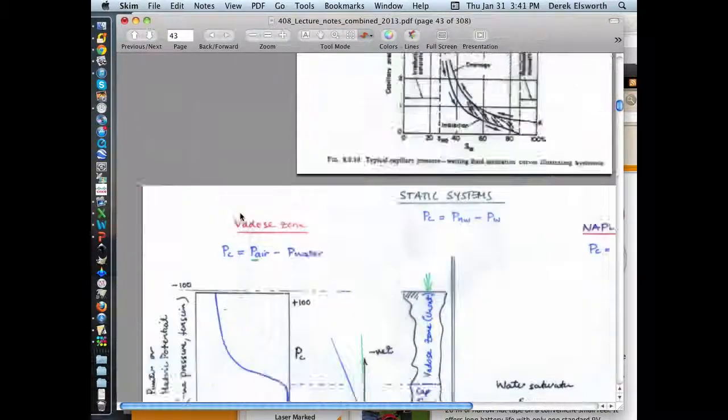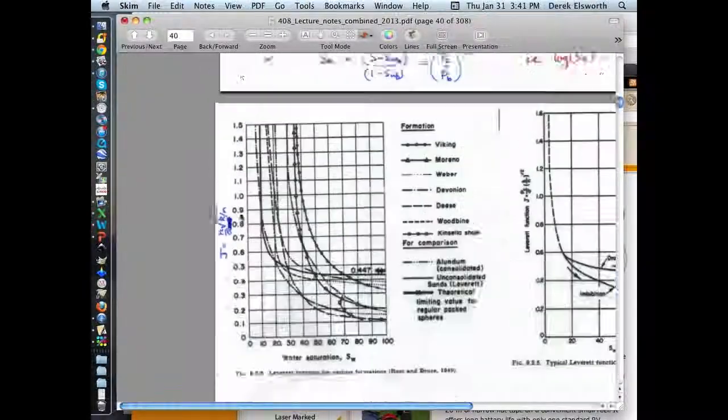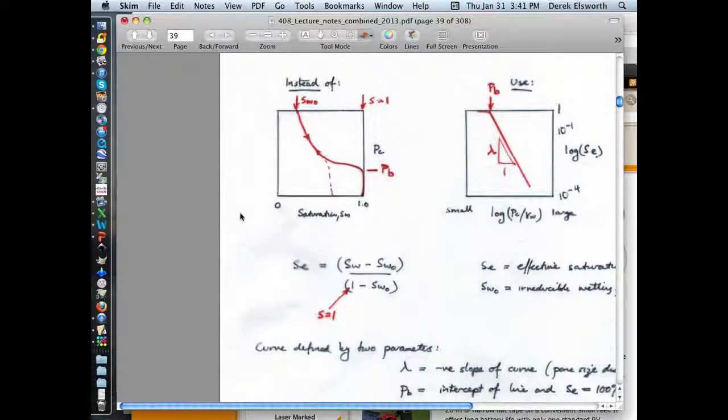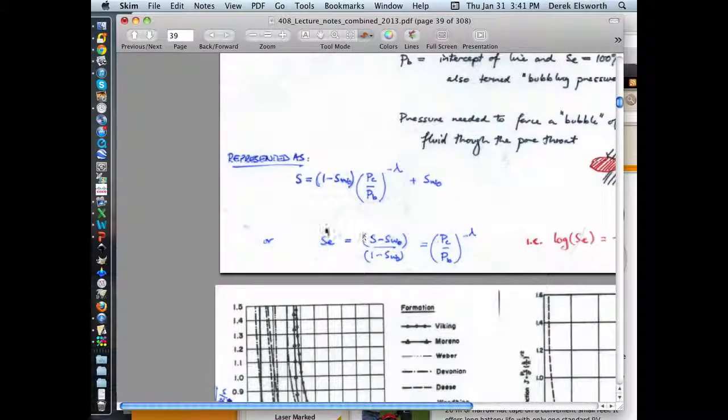Did we talk? Yeah, we did talk, right? Instead of representing the response like this, which is kind of what we've just looked at, we can also represent it by these straight line plots. And the utility of these is that we actually have a relationship that describes how capillary pressure and saturation are related to each other.